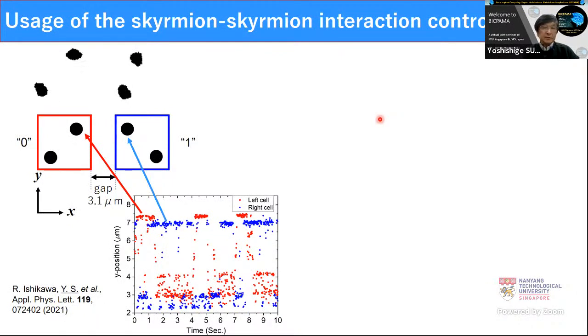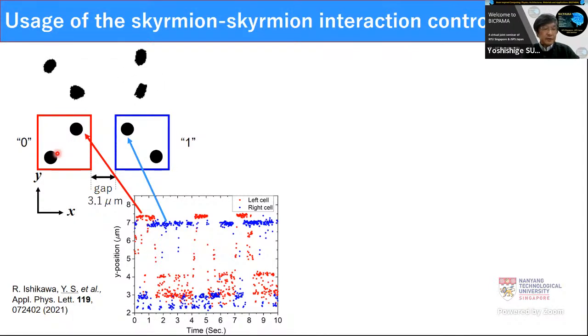Here is the final part of my talk. Now we prepare a square box, and two Skyrmions are confined in the box. Since the Skyrmions show repulsive force, two Skyrmions in a box prefer to stay at the corners in the diagonal position.